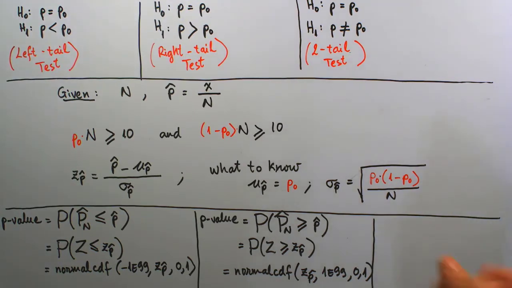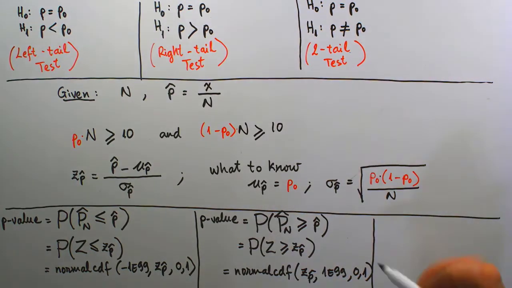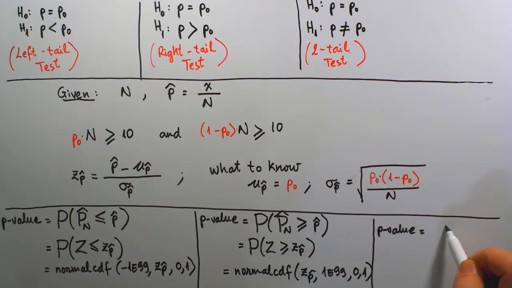And now when our test is a two-tailed test, calculating the p-value must be done a little more cautiously. So there are two cases. We will calculate the p-value by calculating the probability where any sample proportion is greater than or equal to the sample value that we've found.